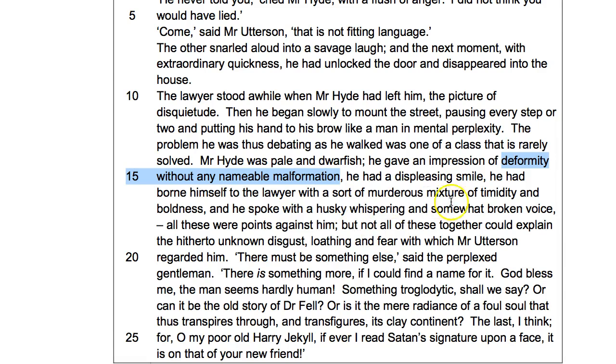Okay, let's see if we can pick on another quotation. "All these points against him, but not all of these together could explain the hitherto unknown disgust, loathing, and fear with which Mr. Utterson regarded him." So here I could focus on the fear that Mr. Utterson has, and that presents Hyde as an outsider, obviously, because everybody reacts to him this way.